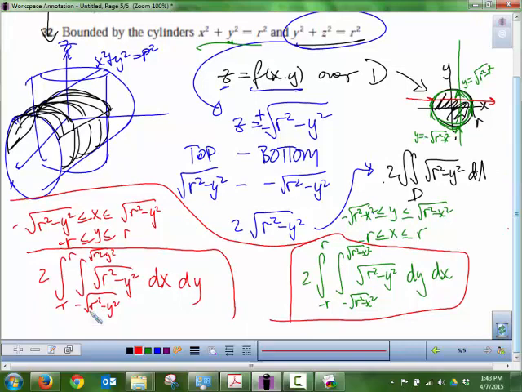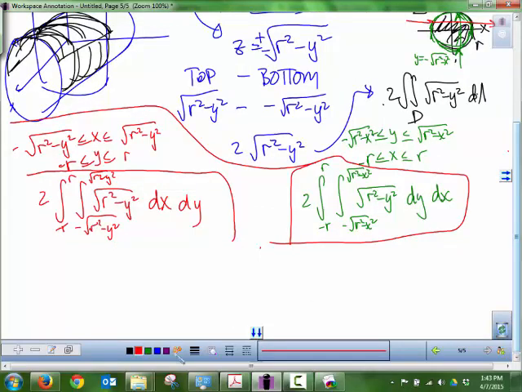So what I was trying to say here in terms of the actual integrating work is that when I integrate this with respect to x, there's no x's in there, so everything's a constant. So it'll just be x times this. And then I put in my limits for x, which is negative square root of r squared minus y squared, positive square root of r squared minus y squared. So if you put that in for x, the square roots are going to cancel.